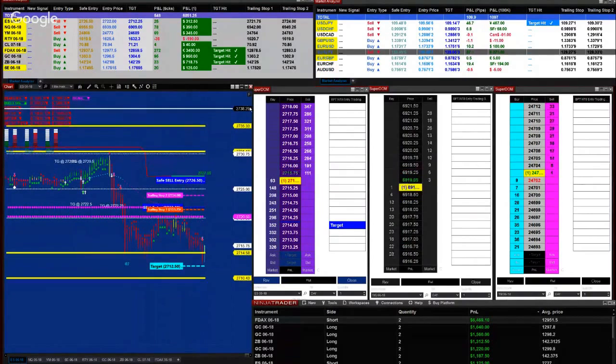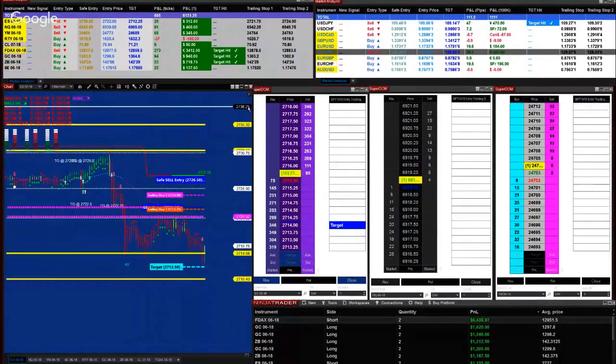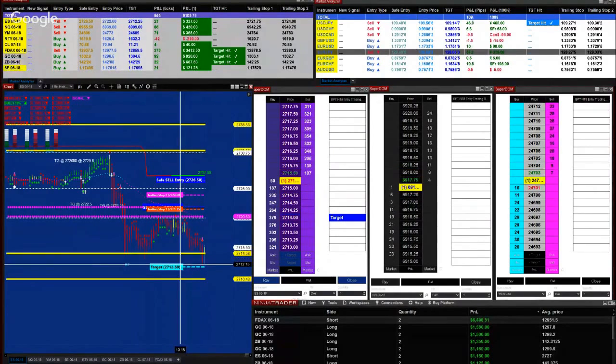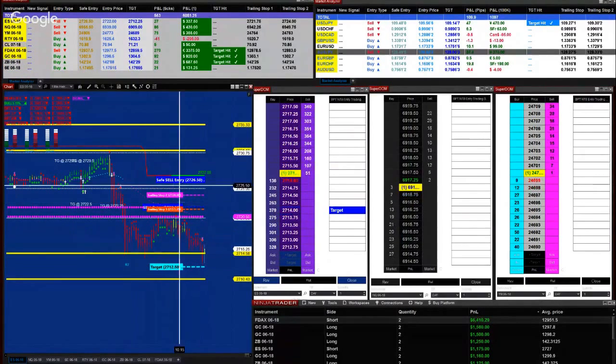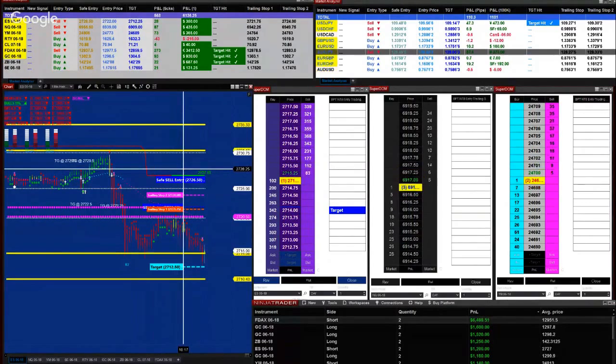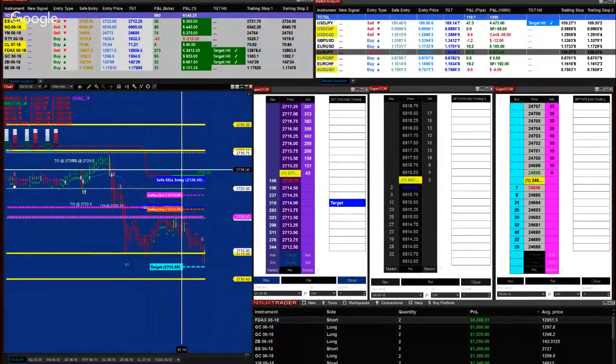The advantage is, unlike the standard automated trades, like the other ones we have, which just keep taking trades, once this one hits the target, it's going to stay out of the market until the market goes back and we go long.